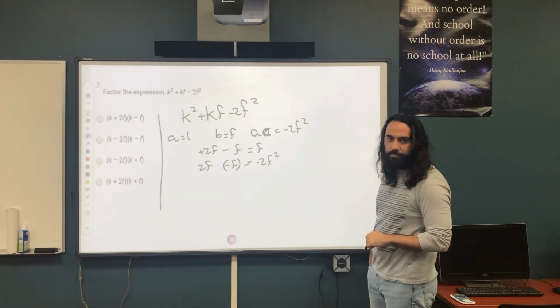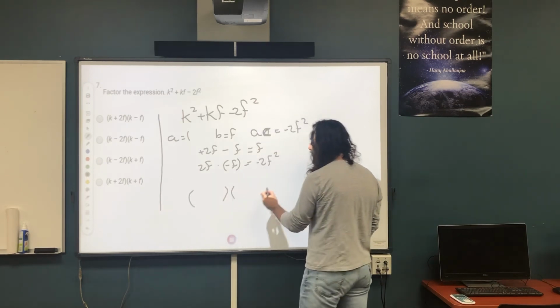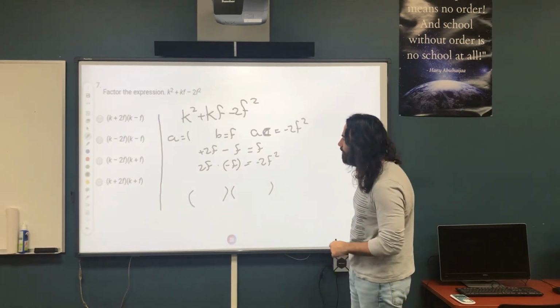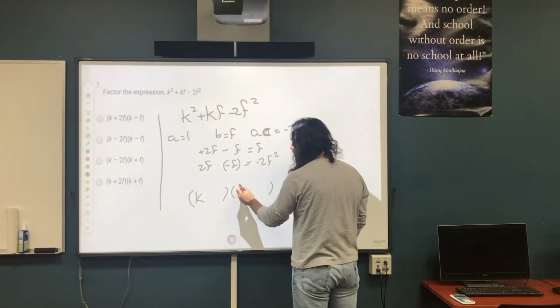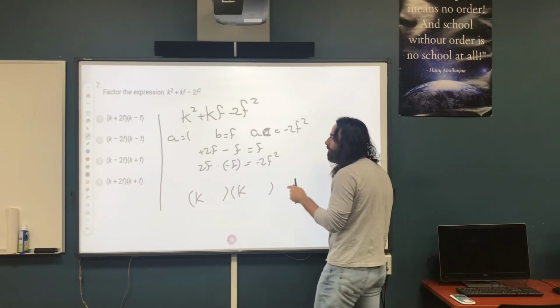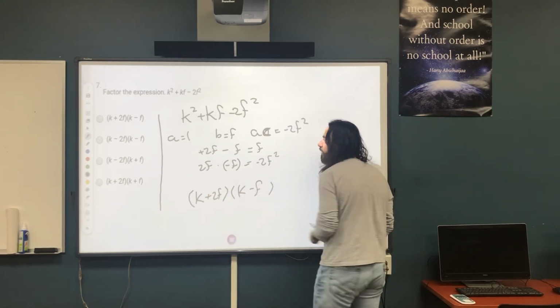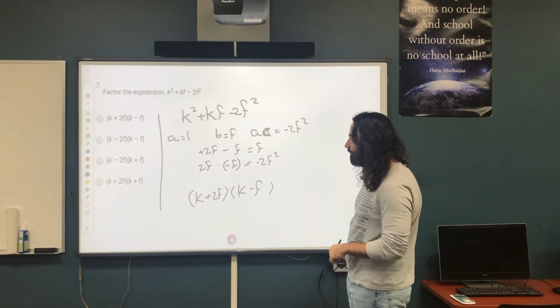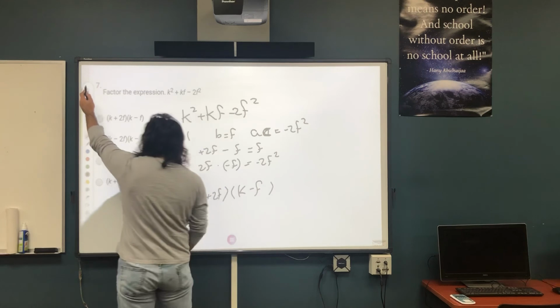And that is it. Now, because a is 1, we can immediately factor the trinomial. The variable is k. So k times k will give you k squared. And the numbers that you found are 2f and minus 1f. So it's k plus 2f times k minus 1f.